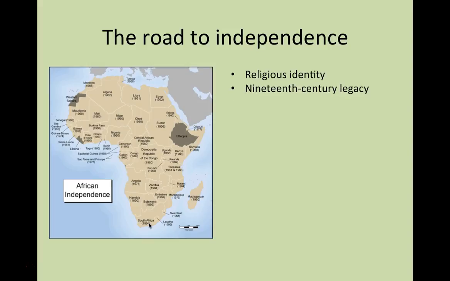The 19th century legacy is something we should be aware of. Reed, our textbook author, comes back to it again and again, and I think he's right in pointing it out as a major factor. The 19th century was simultaneously a creative and a violent one in Africa, and we can say that the violence was part of that creativity.